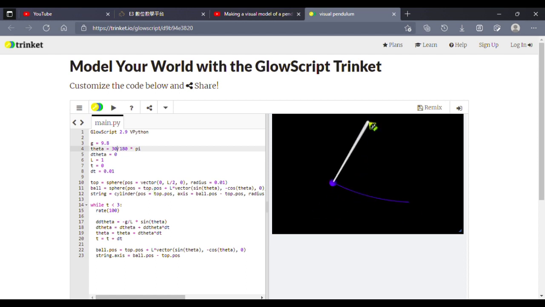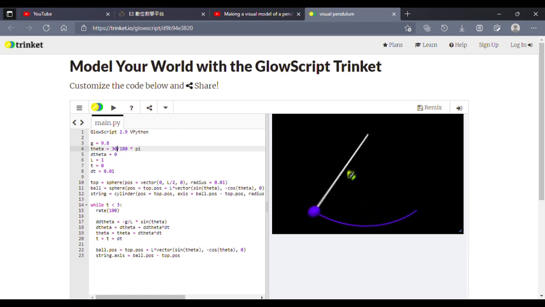It is a small sphere, and the position of the top is 0, L over 2, and 0, because we want to make the pendulum in the middle of the screen, and the radius of the sphere is 0.01.